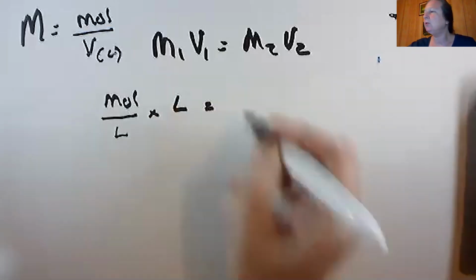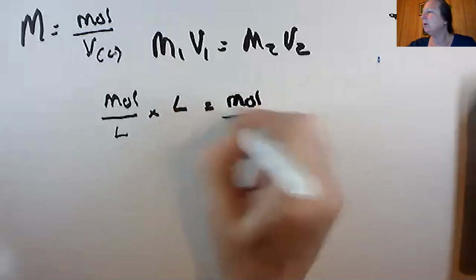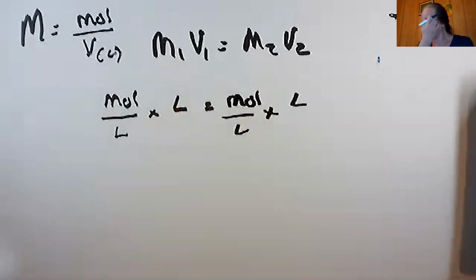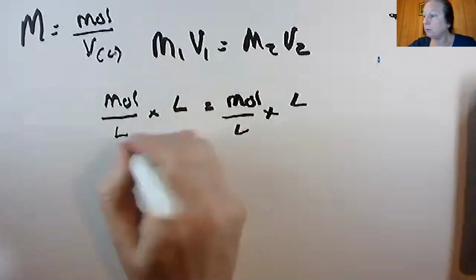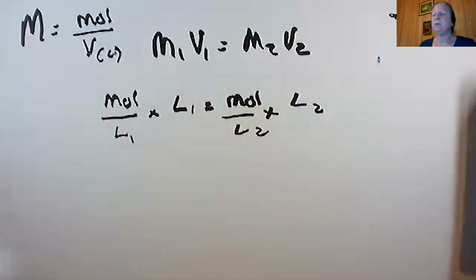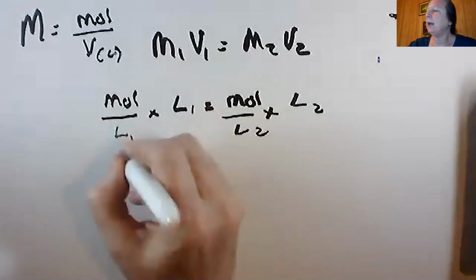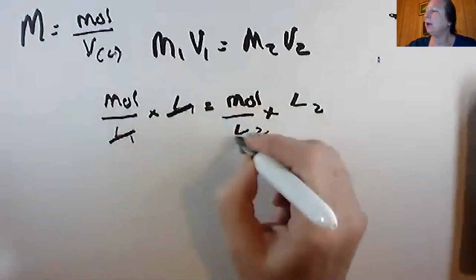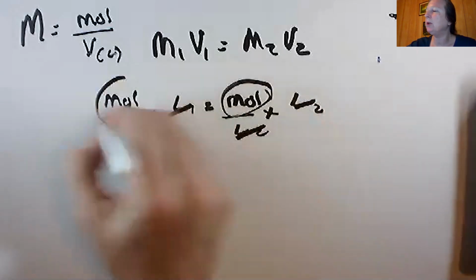And you change the volume, right? Here's L1, L2. This is just showing you how this works. If it's confusing, you can ignore this. But what happens is when you cancel out your volumes, your moles are the same because you have not changed them.